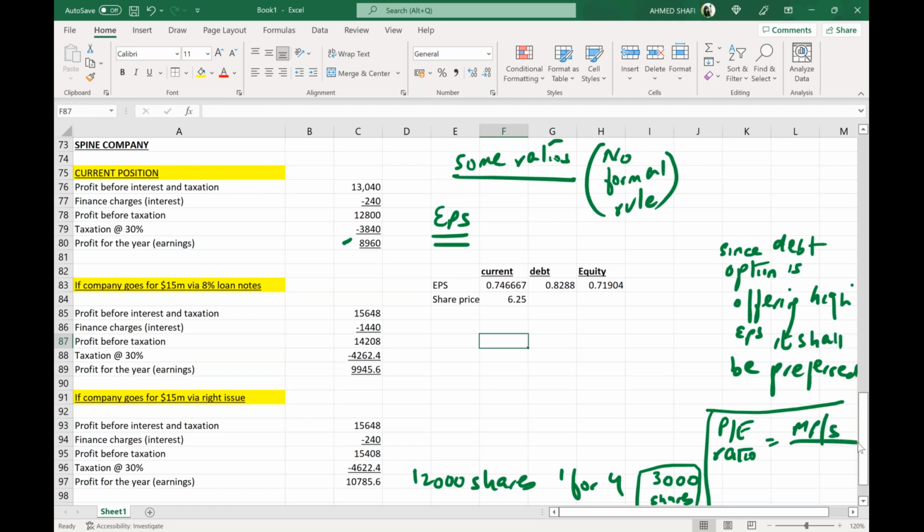That is market price per share over earnings per share. If you check your current PE ratio, the current market price per share is 6.25 and the current EPS I have just calculated is 0.7466.